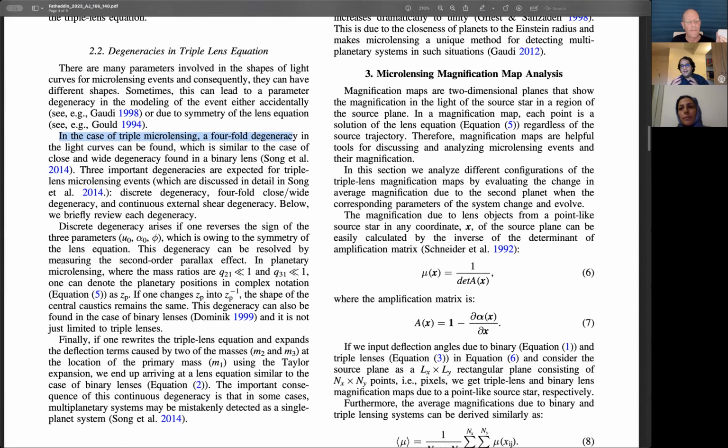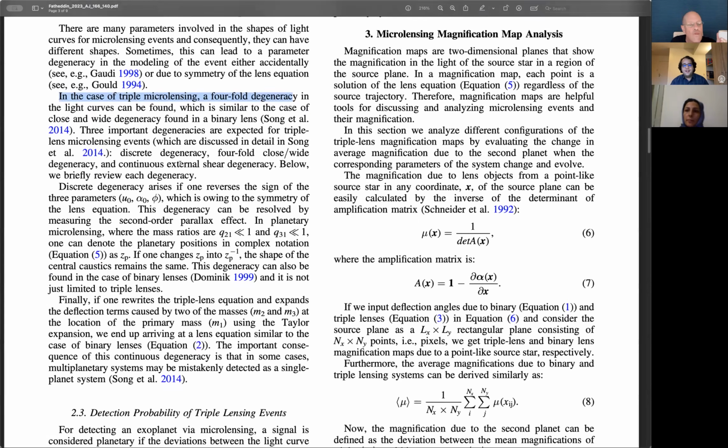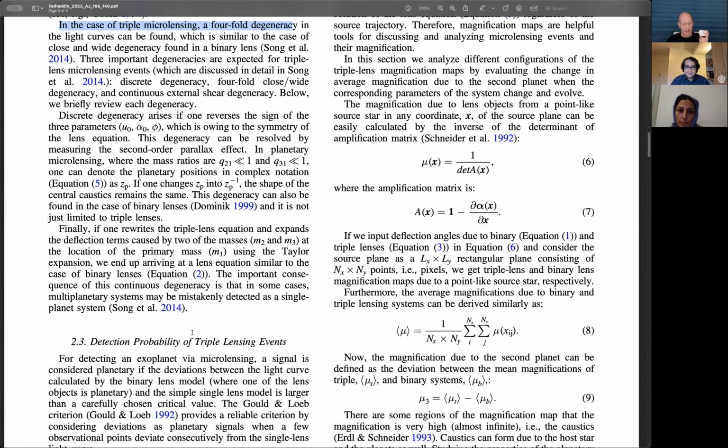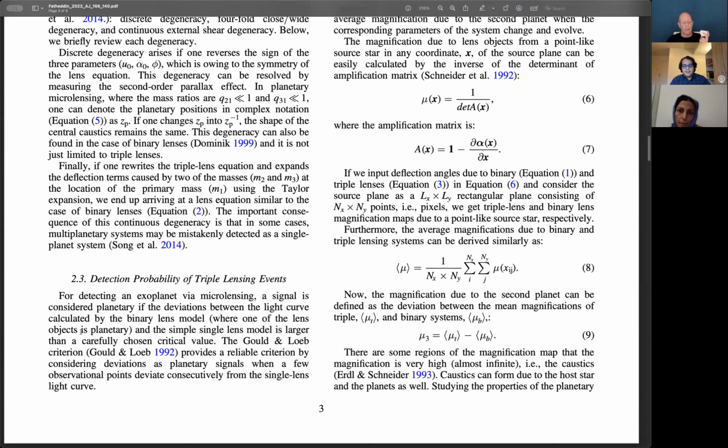Any of these degeneracies can cause the wrong extraction of the correct values of the parameters. But if we can move beyond that, we can also calculate the detection probability of actually observing triple lens systems instead of binary systems.